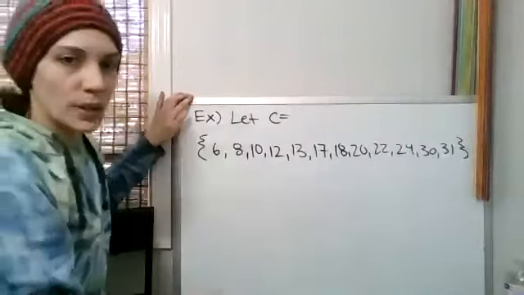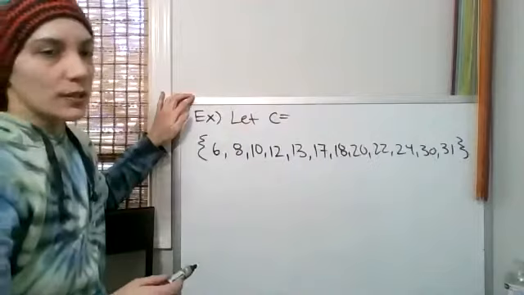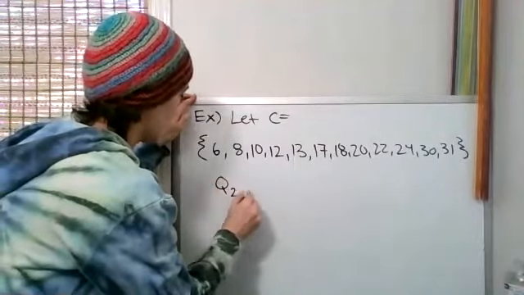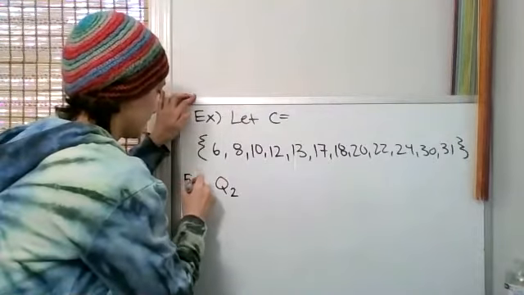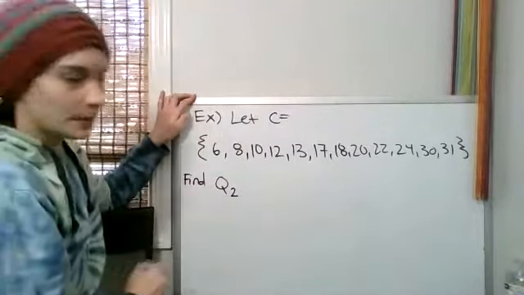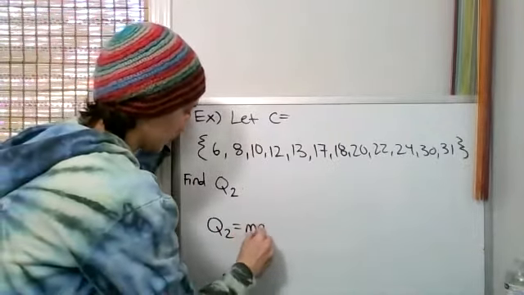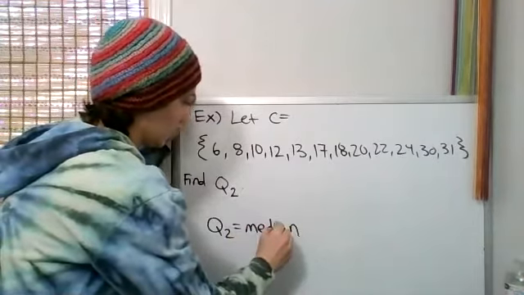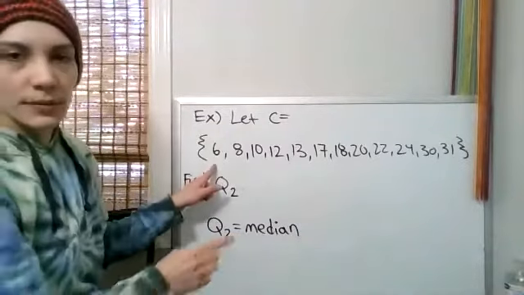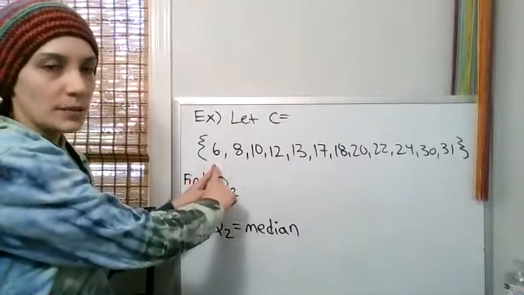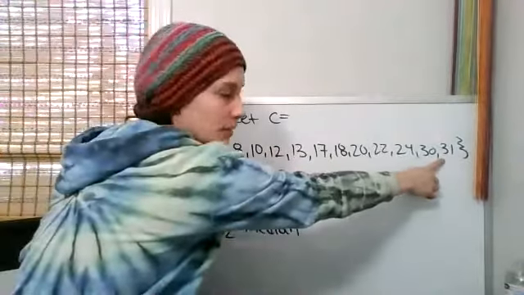We're going to get all of the quartiles. First quartile I find is Q2. So you find the median of the set. It should be the case that your set is already in increasing order, and then work your way to the middle.